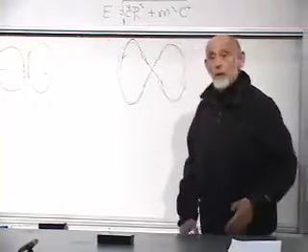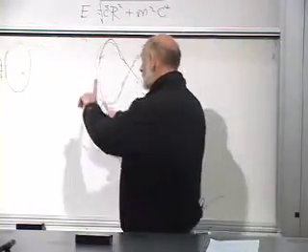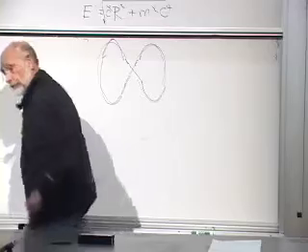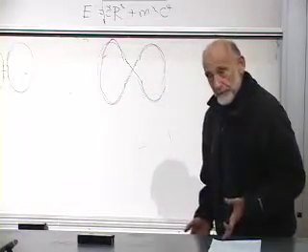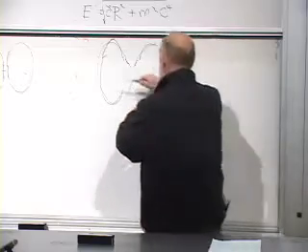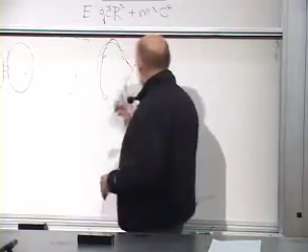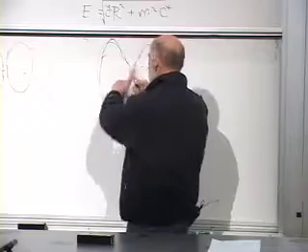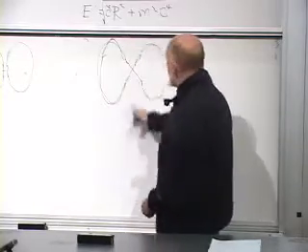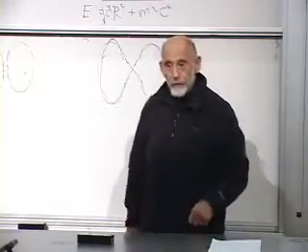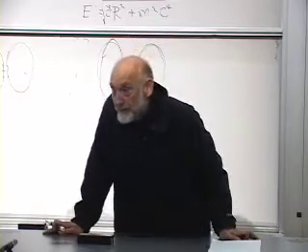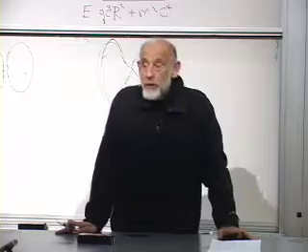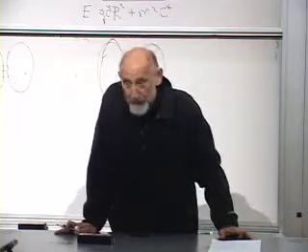We went from 2 loops to 1 loop just by interchanging 2 particles. 2 loops necessarily has a plus sign. If the loops involve fermions, then there's a sign change when we interchange the 2 particles. So a single loop like this for fermions necessarily has a minus sign associated with it. A single loop for bosons has a plus sign in the amplitude.